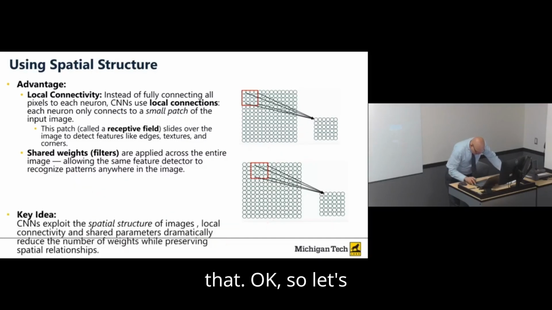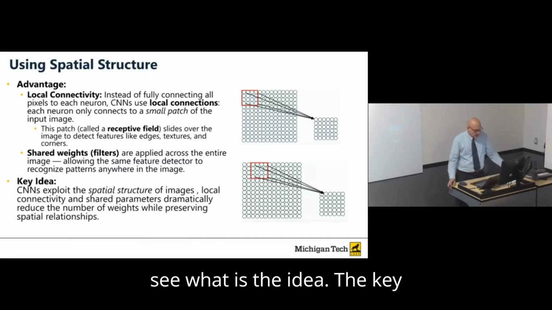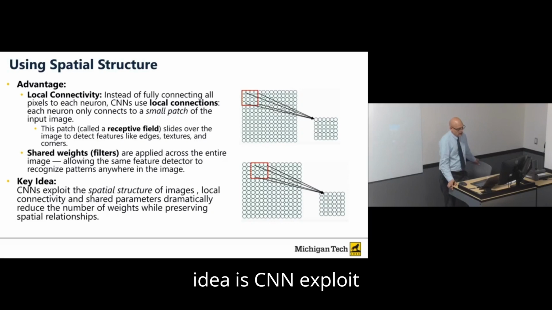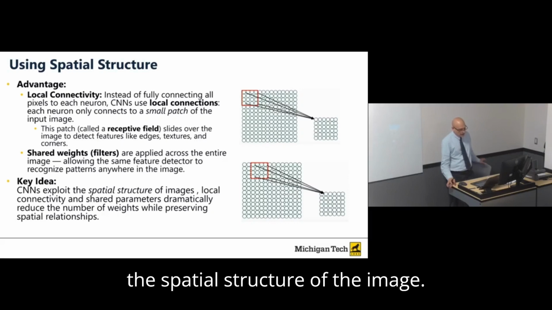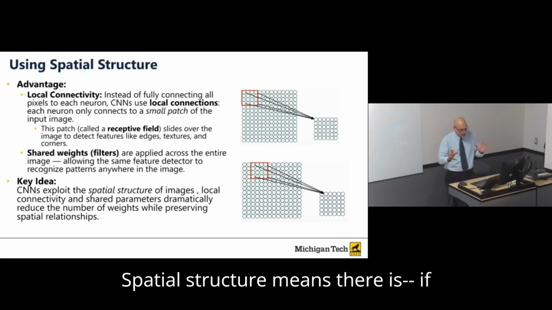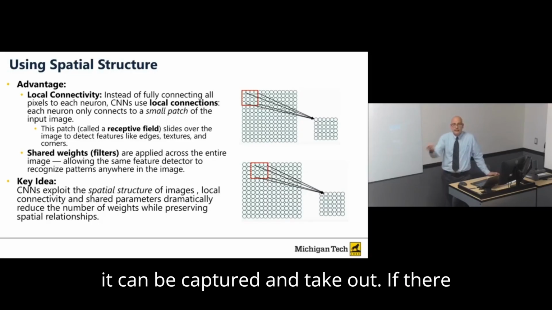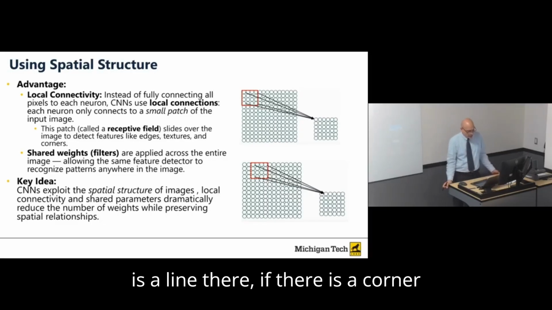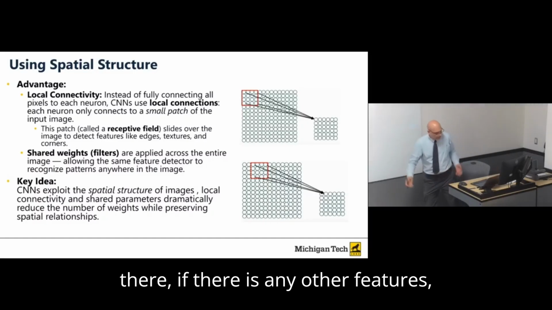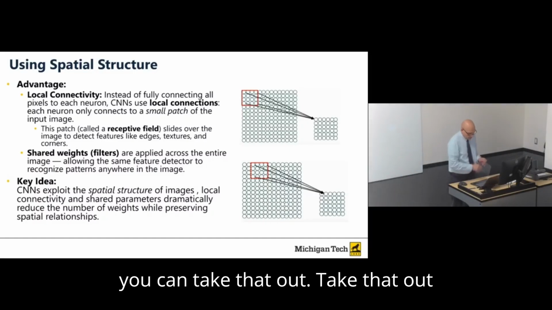Okay, so let's see what the idea is. The key idea is that CNNs exploit the spatial structure of the image. Spatial structure means that if there is any relationship in the image, it can be captured and taken out. If there is a line, a corner, or any other feature, you can take that out.